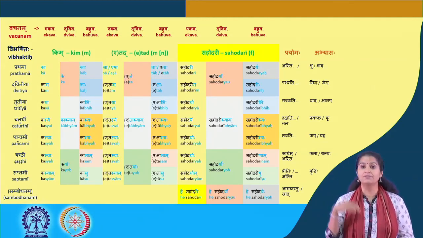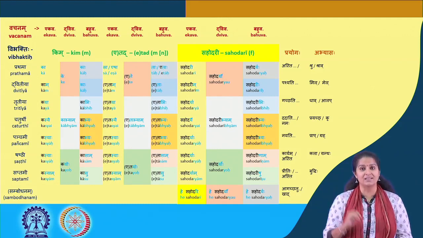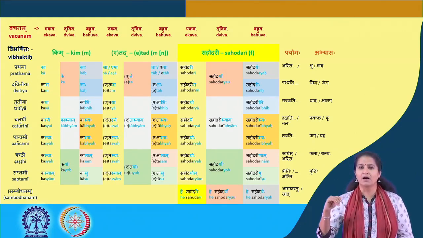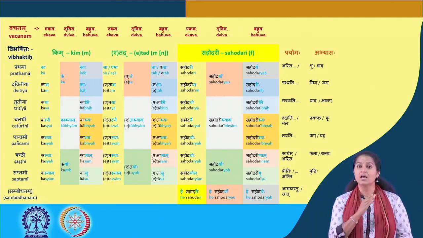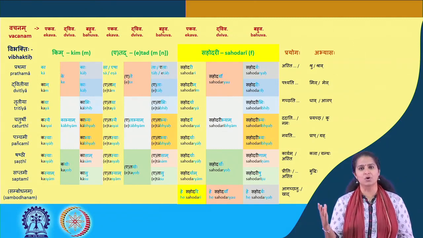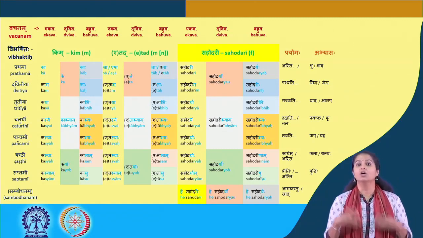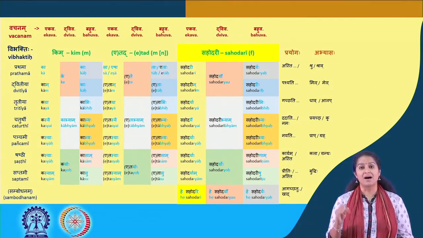But for sahodari, the first case is sahodaryaha in the plural, and for the second case it becomes sahodarihi. This would be a pattern that we will find again in other words that we will encounter, which is you lengthen the vowel and put a visarga. So sahodari becomes sahodarihi. The vowel is already long, you have to put the visarga. So kaha pashati, taha sahodarihi pashati.